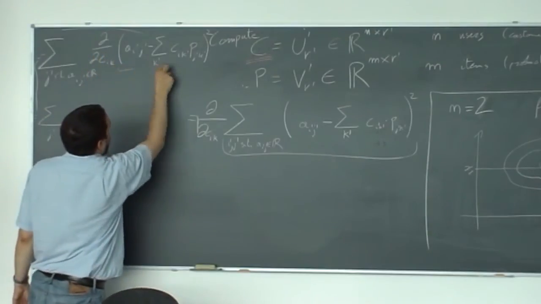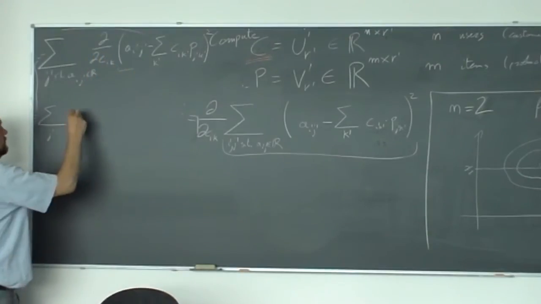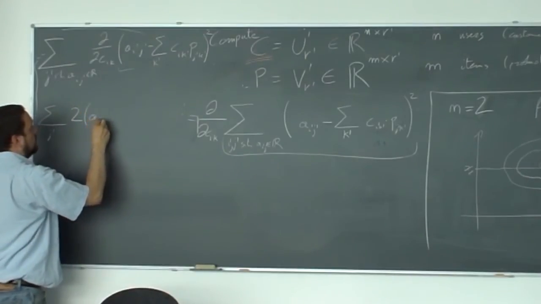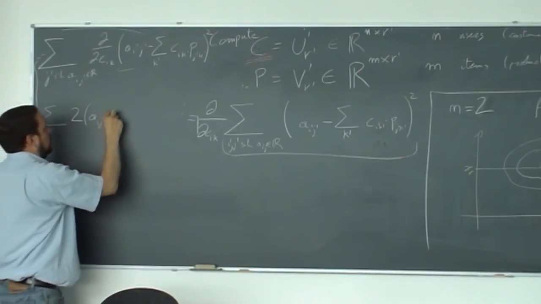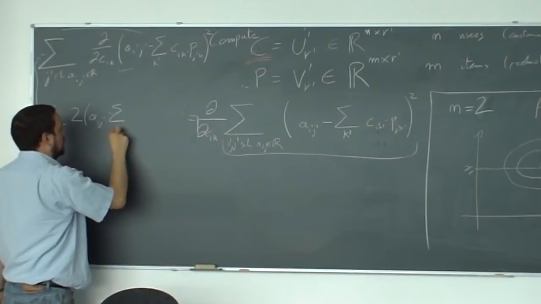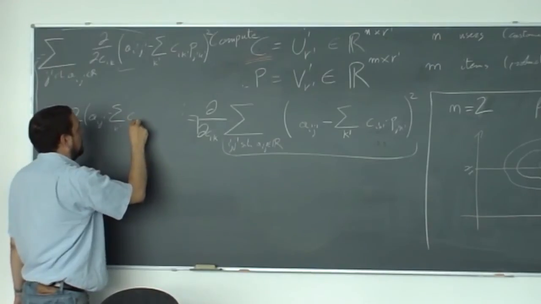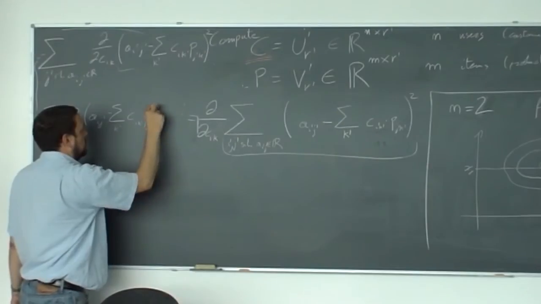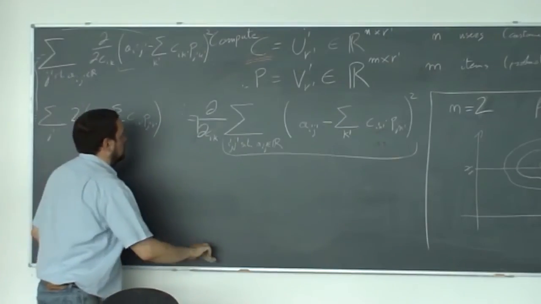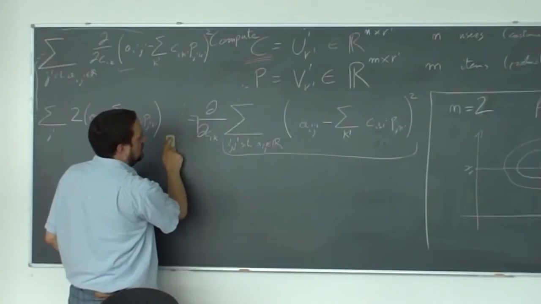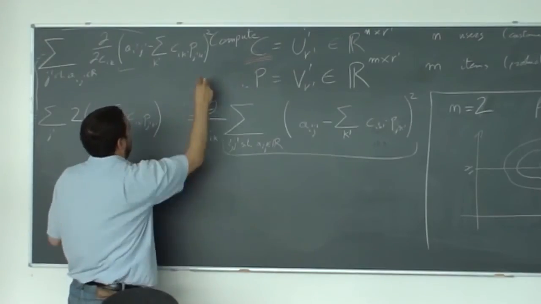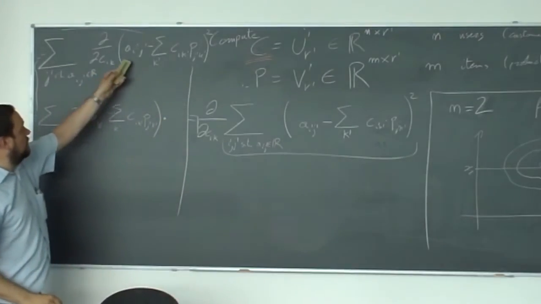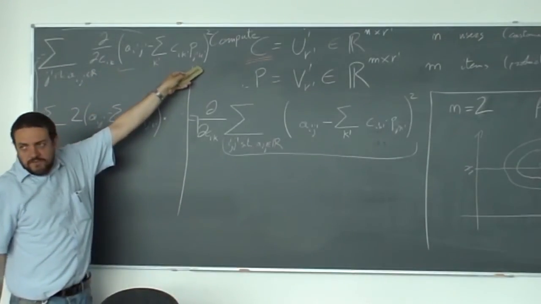The derivative of this is simply twice Aij prime minus sum over k prime of Cik prime Pj prime k prime, times the derivative of the interior of the square.